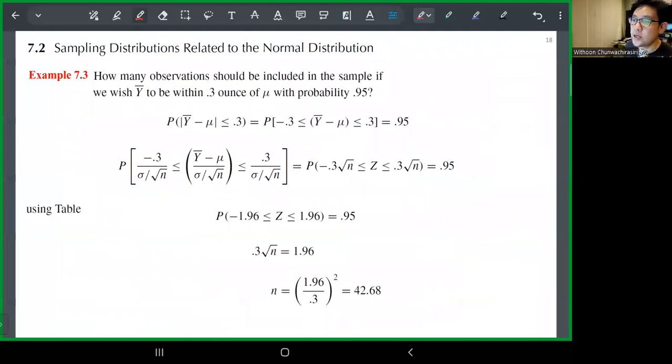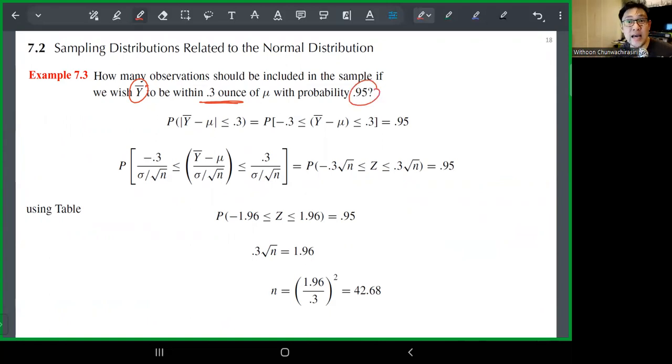What about asking in reverse? If I want to observe the sample until my y bar stays within 0.3 ounce, the question is now backward. How many observations should I use for the y bar to be within 0.3 ounce with the probability of 0.95?